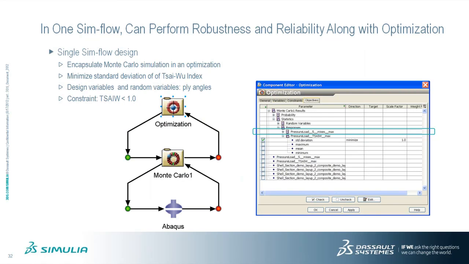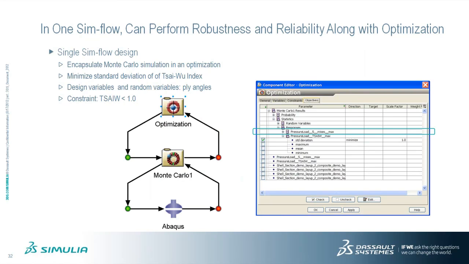We performed this as two different sim flows. If you remember before, we started with the optimization sim flow, and we had our multiple tasks with the Excel data exchanger and then the Abaqus simulation. But we can do this as one single sim flow, where we can perform the optimization but also look at robustness and reliability. In a single sim flow, we can encapsulate the Monte Carlo simulation.